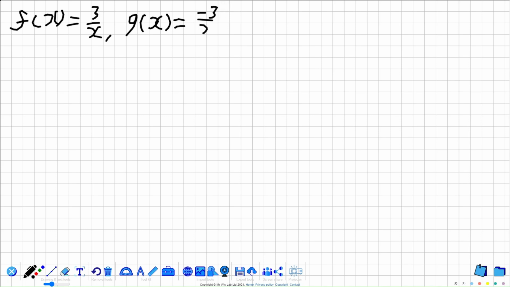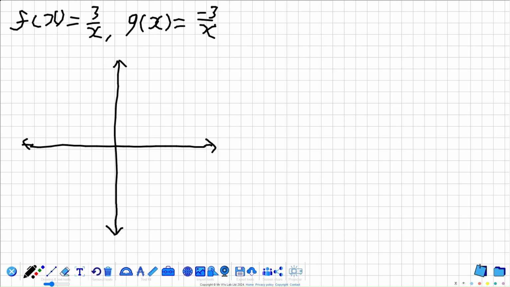I'll create a graph, make it closer to the middle, a decent size. We'll try and do this one properly, so we'll draw some arrows onto it, with y and x axes. Alright, awesome.